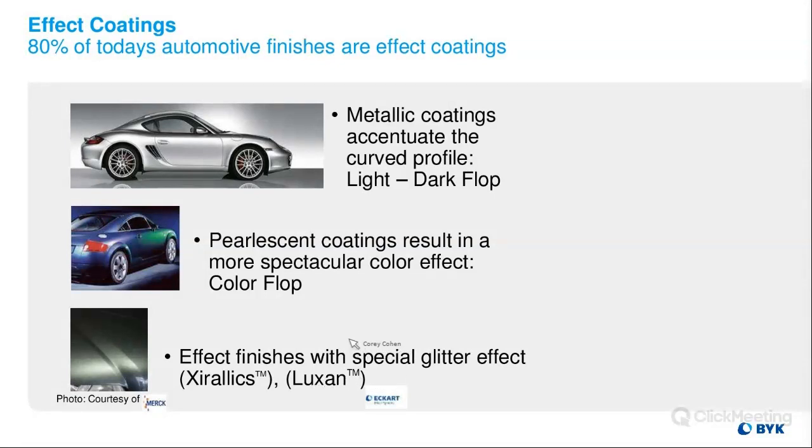And then those metallics and also other special types of pigments like Ceralics, Luxan, they can cause a special glitter effect in the surface. And so we want an instrument that is capable of analyzing, evaluating all those surfaces.